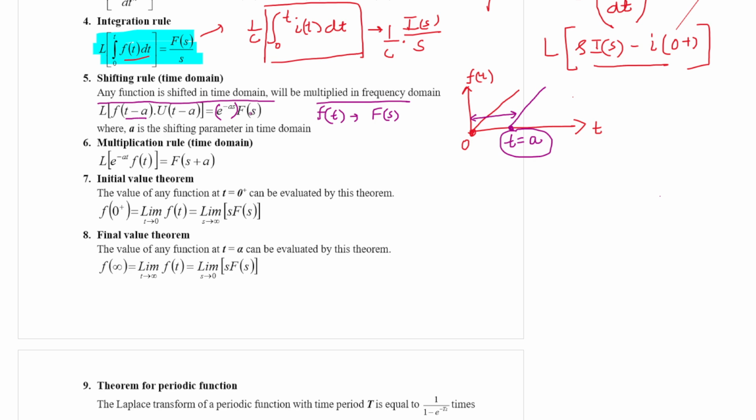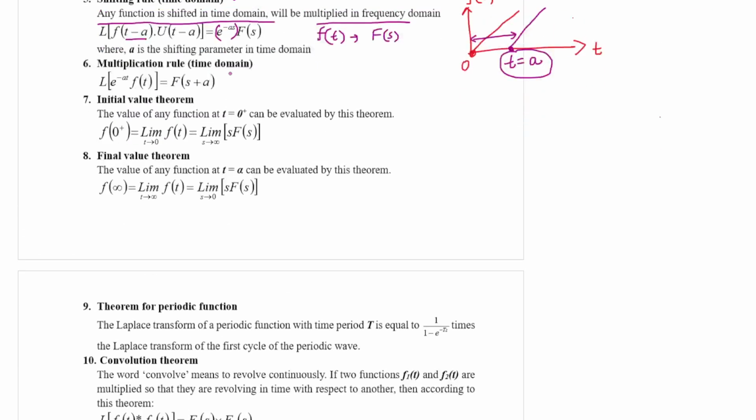So basically the shifting rule is that if any function is observed to have some time shifting, then if you apply the Laplace transform on that function, in the frequency domain it will be multiplied by an exponent factor e to the power minus as. That is the shifting rule.